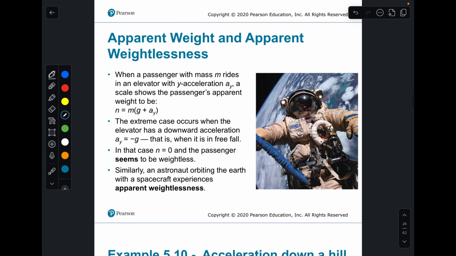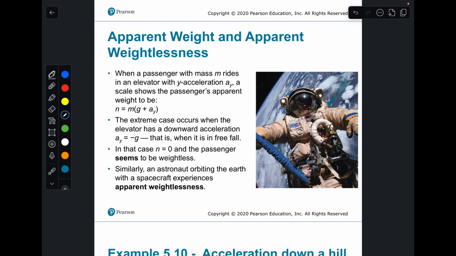The scale is reading a heavier value because the elevator is decelerating and thus producing a positive acceleration upward. There is a great analogy to this example, and it has to do with your apparent weightlessness due to your own acceleration. When a passenger rides in an elevator with some y acceleration, the passenger's apparent weight changes, and it increases or decreases depending on the sign of the acceleration.